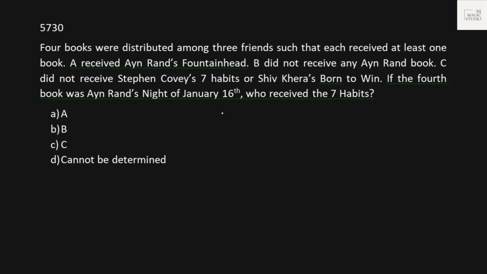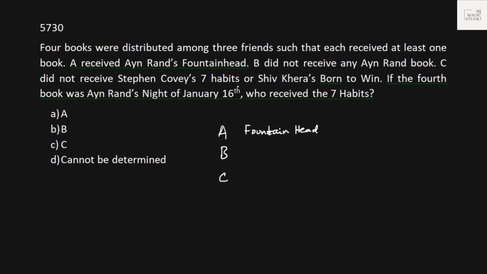Four books are distributed among 3 friends such that each received at least one book. A, B, C, we can see these are 3 friends. A received Ayn Rand's Fountainhead. B did not receive any Rand book.